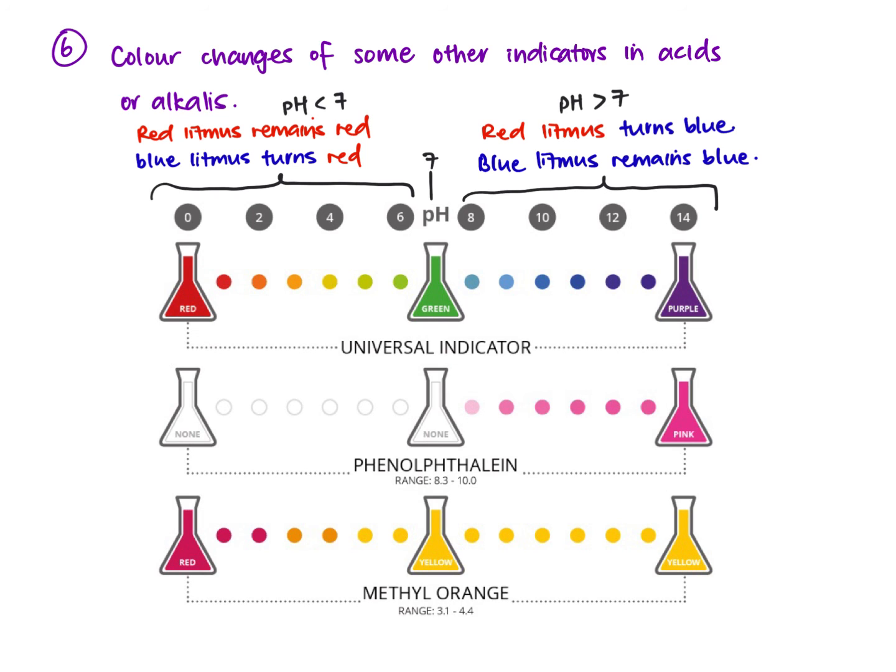So we use methyl orange as an indicator instead of universal indicator because methyl orange is more stable. Universal indicator is not. Okay, so red color when it's in acid, and it will turn yellow when it is in alkaline.